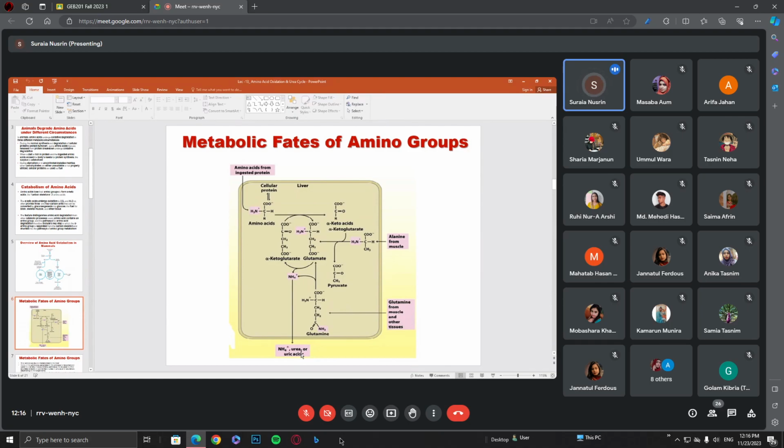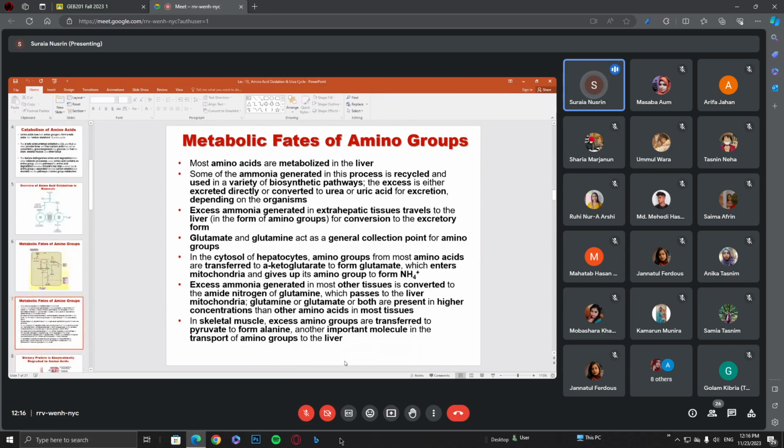So all of these should be excreted from the body of the animal. So again, this is a summary of the catabolism, or the collection of amino groups from different sources of our body. So here is the description of that slide.